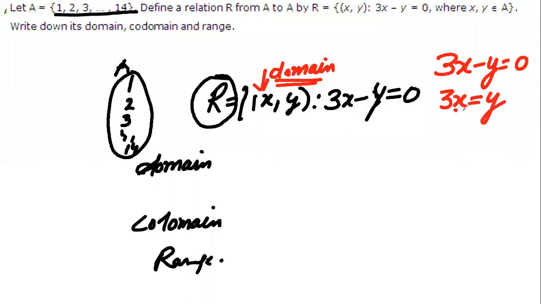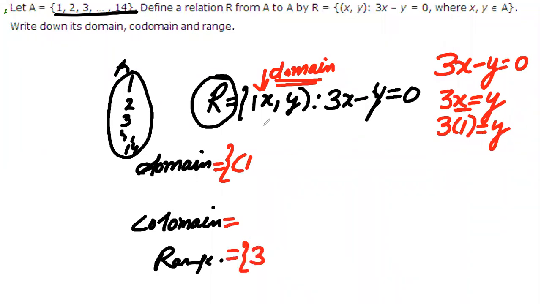Now put the value of x. When I put 1 here, 3 into 1 is equal to y. What value of y came out? It is equal to 3. Relation also I am defining here. When I put 1, answer is 3.